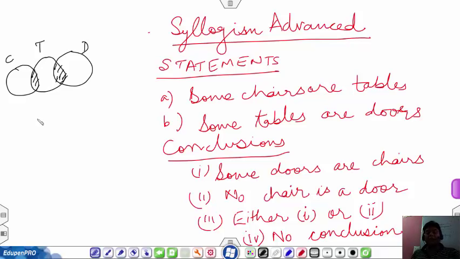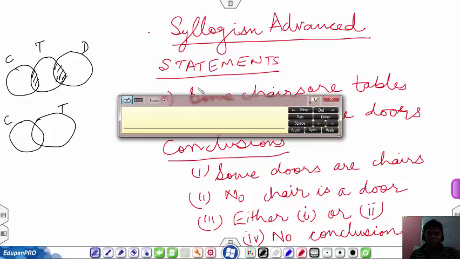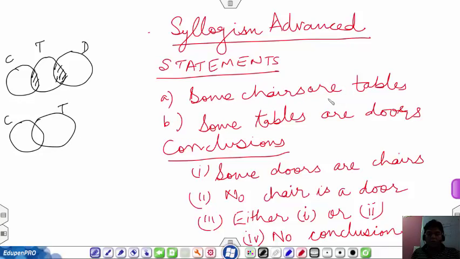I can draw the same statements in a different Venn diagram also. Some chairs are tables. Some tables are doors. He never says that chair cannot be a door. This can be another way of drawing it.